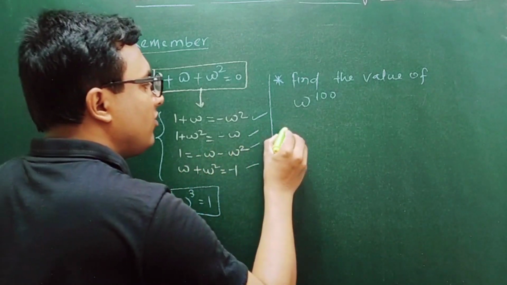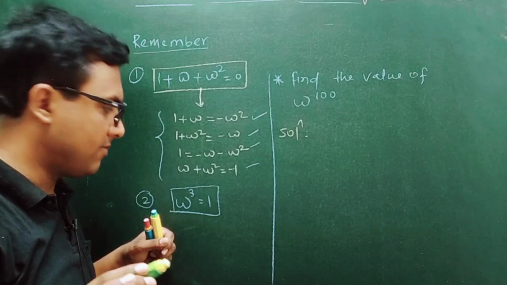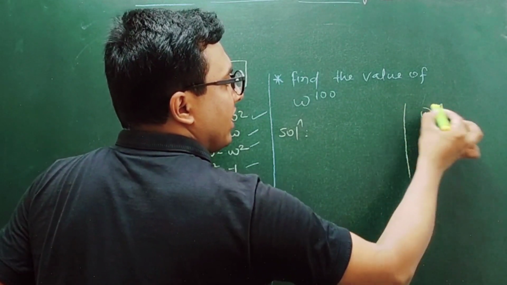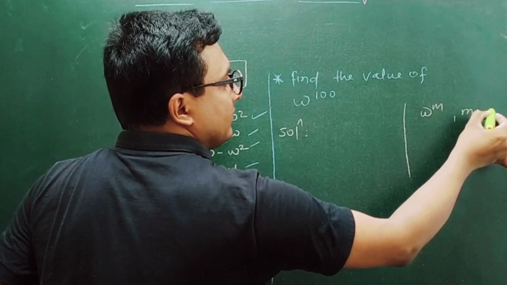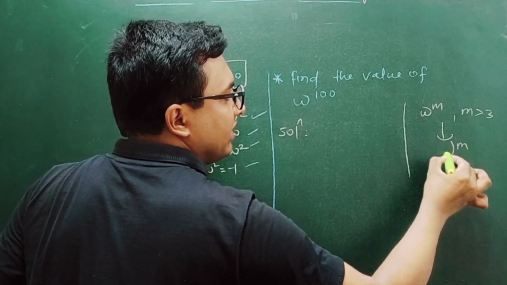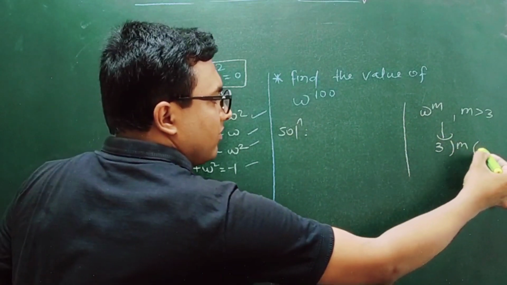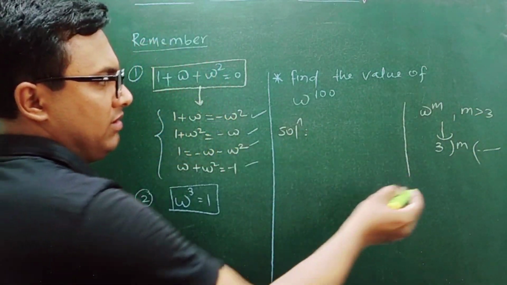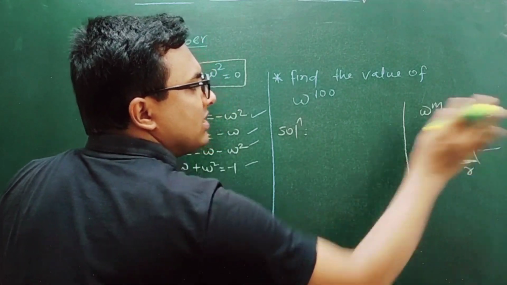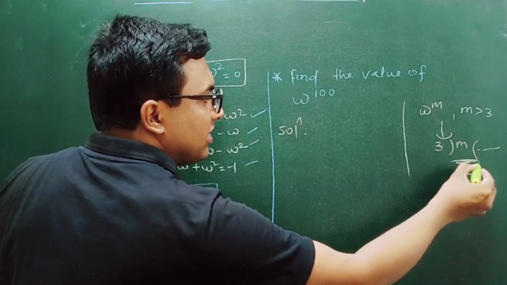Solution here. How to find the value of omega to the power 100? Always remember, if omega to the power m has m greater than 3, then we divide m by 3 and the remainder is r. Focus on the remainder. The quotient doesn't matter, but focus on the remainder.